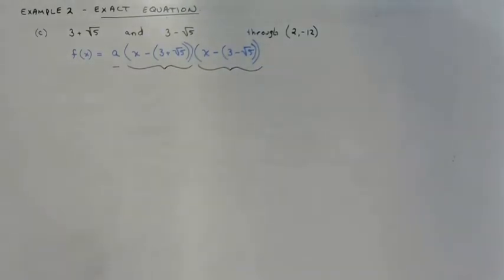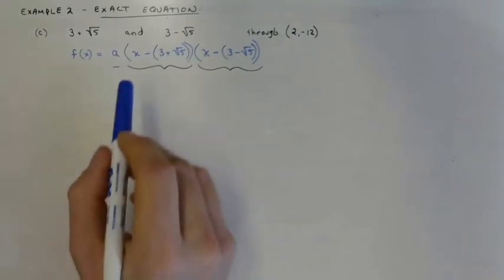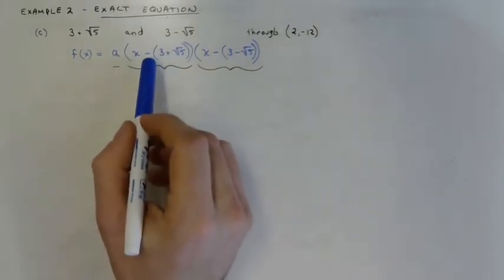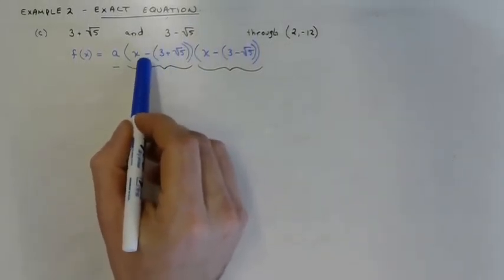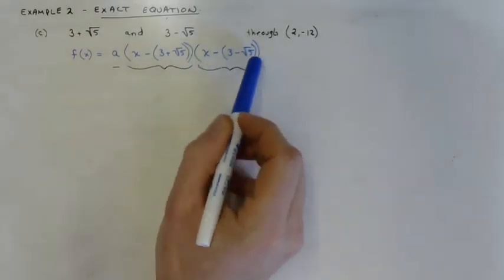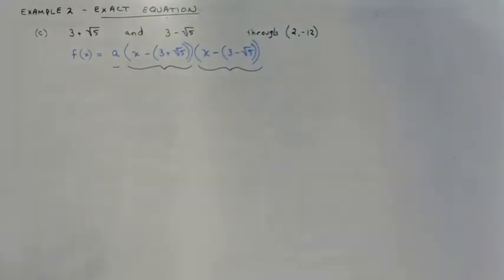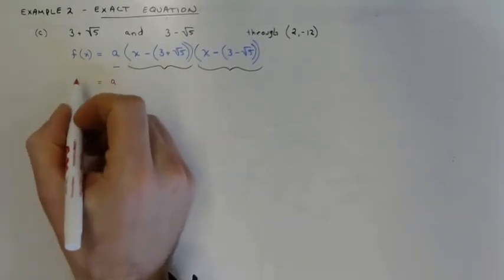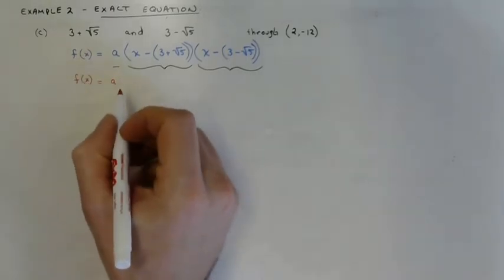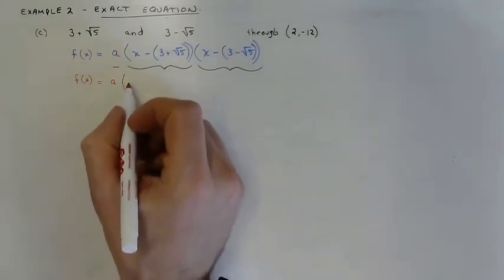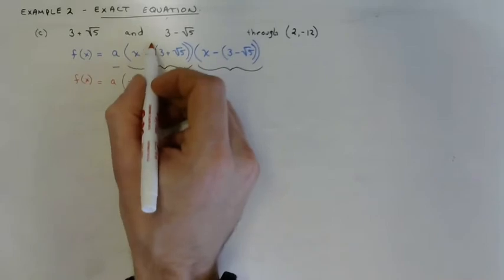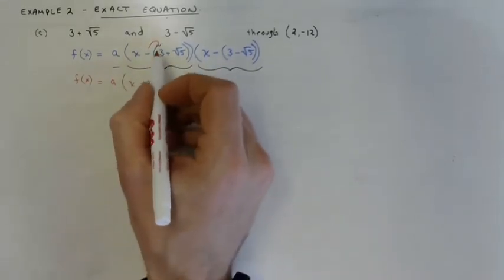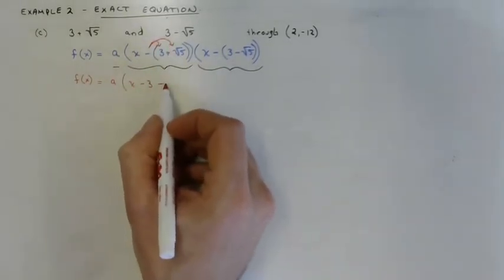Now, when we expand, we're going to distribute this negative sign to both terms, and this negative sign to both terms, and then we're going to see how that changes things, and hopefully you start to see a bit of a pattern emerging. Here we go. We've got f of x equals a, and inside this bracket, we're going to have x minus 3 minus radical 5.